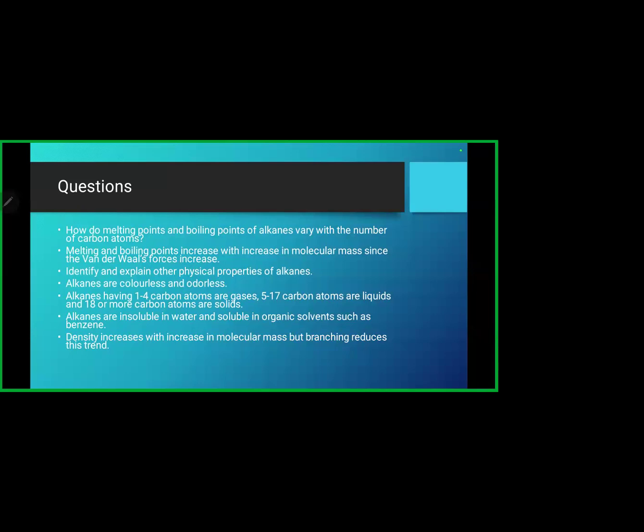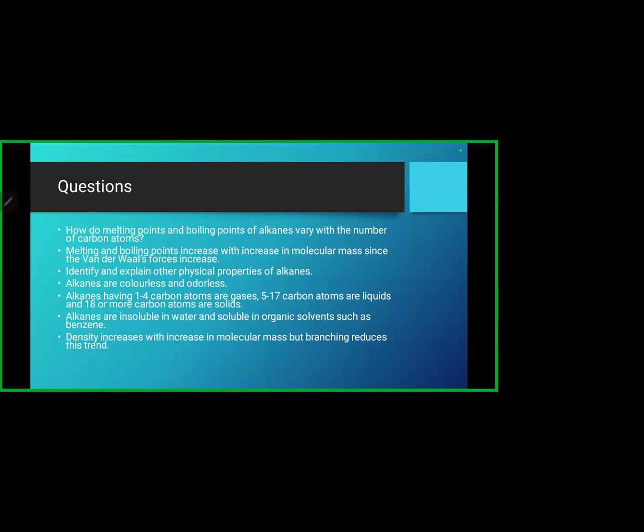That means methane, ethane, propane, and butane are gases. So when we are looking at those alkanes, we term them as gaseous. And then when we go to those that have 5 carbon atoms to 17 carbon atoms, those ones are liquids.